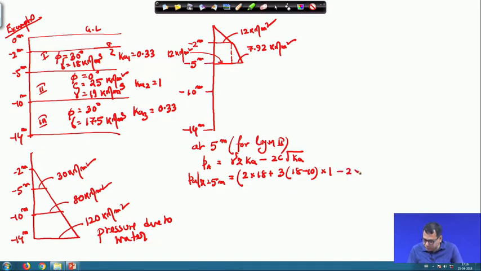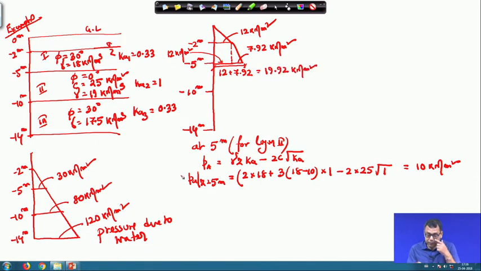So, minus 2 into c value 25, again Ka2 is equal to 1. So, this value is coming out to be 10 kilonewton per meter square. The total here is 12 plus 7.92, which is 19.92 kilonewton per meter square, but this is for the first layer at this point, and for the second layer it is coming out to be 10 kilonewton per meter square.